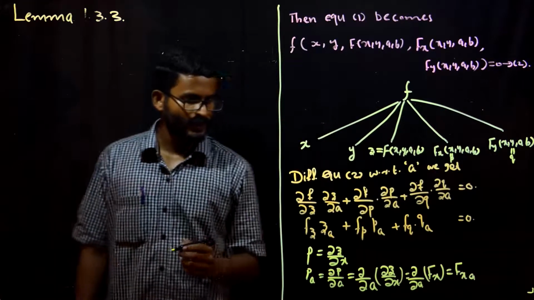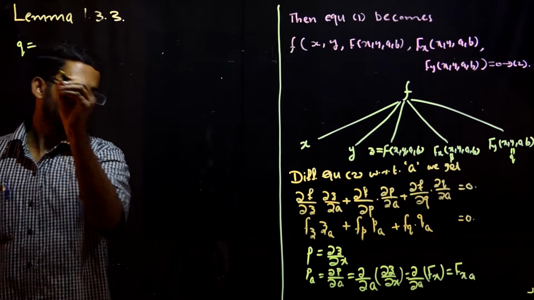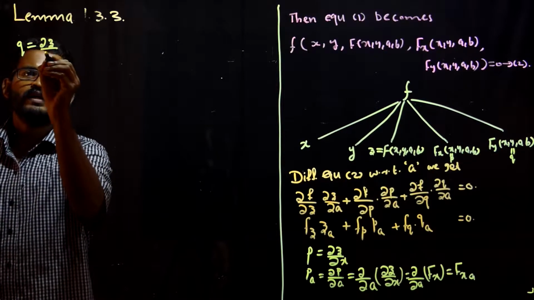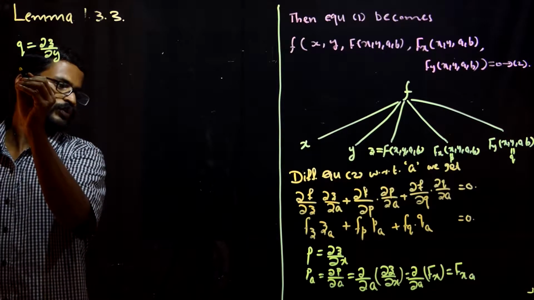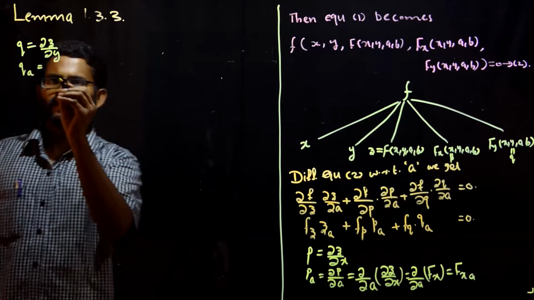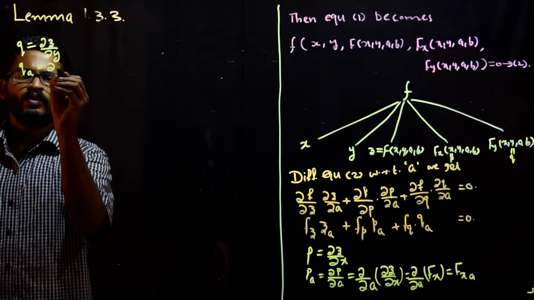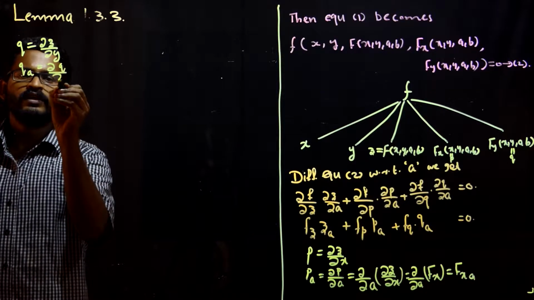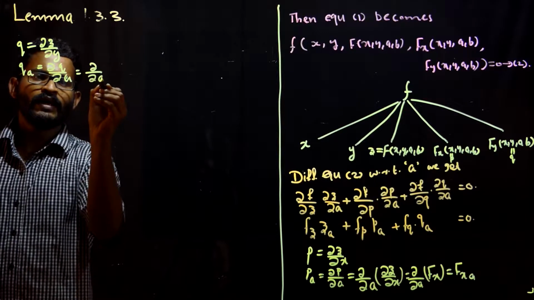Q_a: we know q = ∂z/∂y, and q_a = ∂q/∂a, which is equal to ∂/∂a of q.